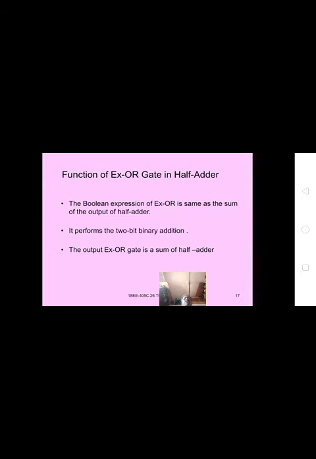The output of the XOR gate is the sum of the half adder.